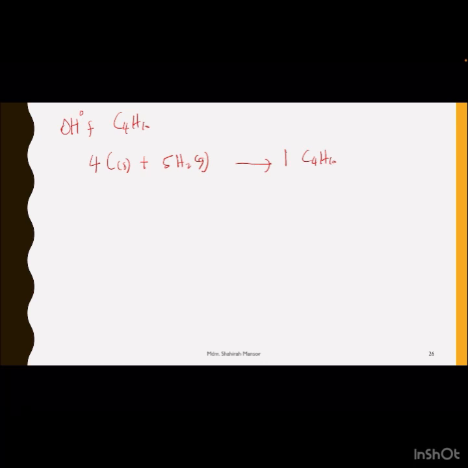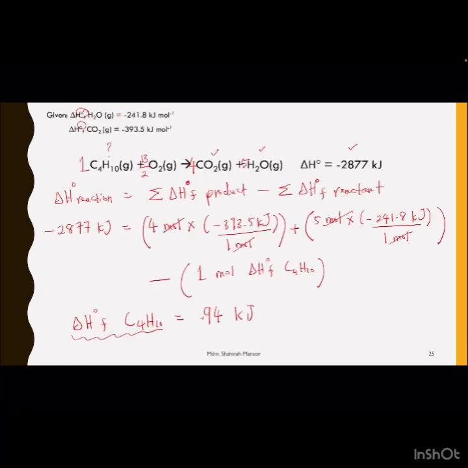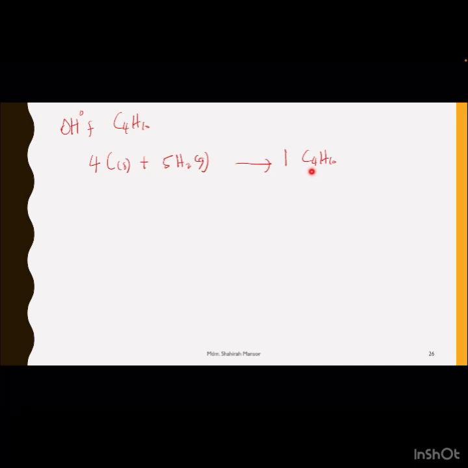From this equation, when 4 mole of carbon reacts with 5 hydrogen gas, we will get C4H10, and the phase is in gaseous form as well. The enthalpy of this formation reaction is actually 94 kilojoule.